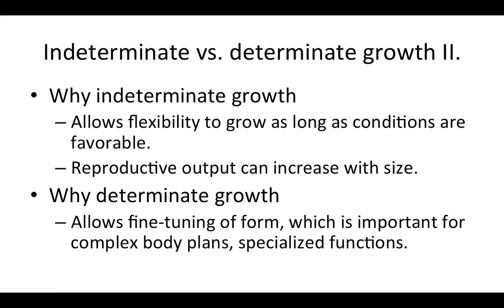What are the advantages of indeterminate growth? One is that it allows considerable flexibility to continue growing as long as conditions are favorable. So if the plant has enough energy and nutrients, then why not be able to add more stem material and increase the ability to do photosynthesis? Indeterminate growth also means that if the plant is doing very well, it can increase its reproductive output.